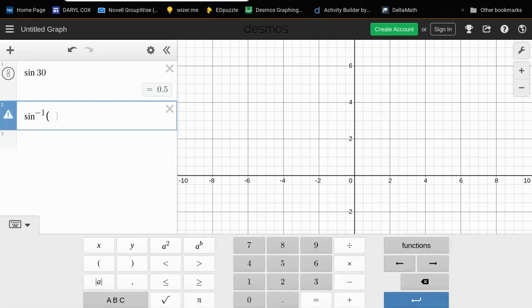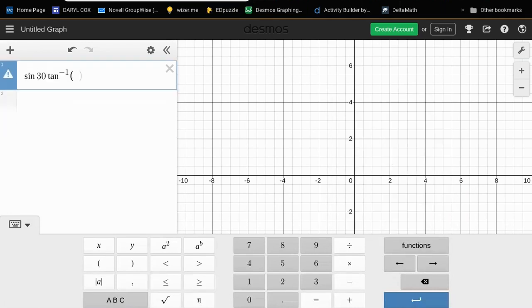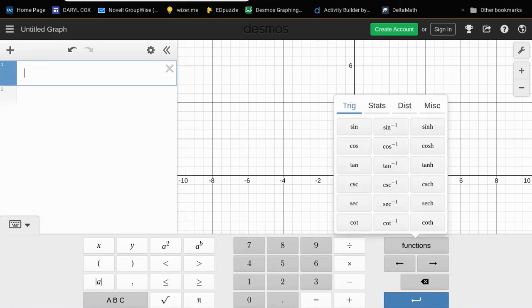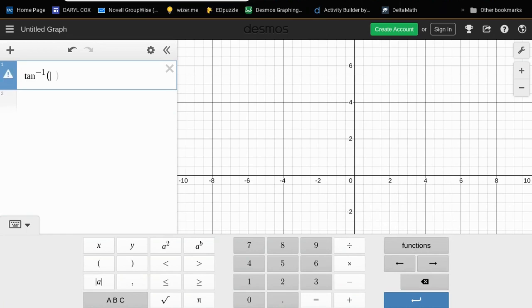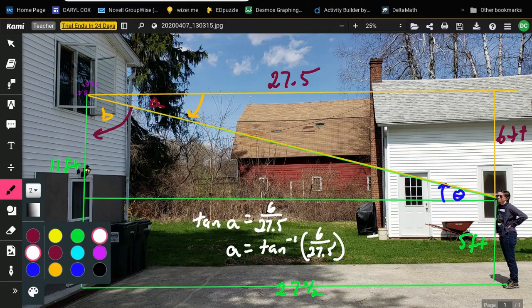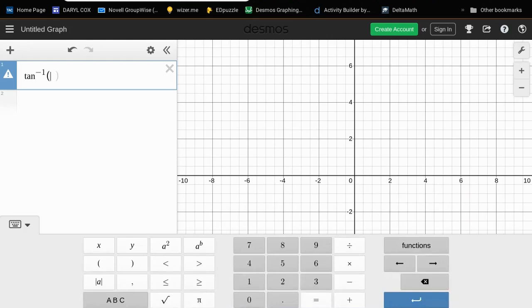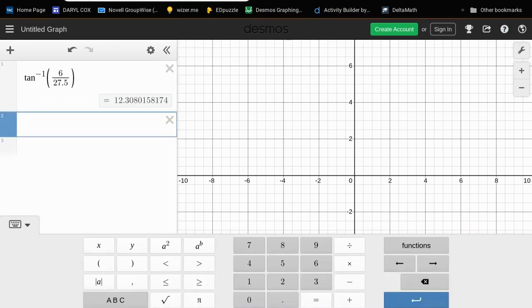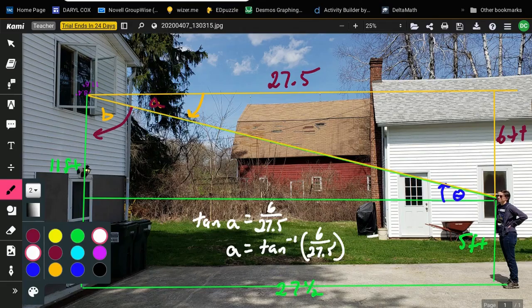We want cosine inverse, right? Or tangent inverse. That's what I want. Tangent inverse, and the numbers are 6 over 27.5, enter. So it looks like Widget's angle of depression is about 12 degrees.